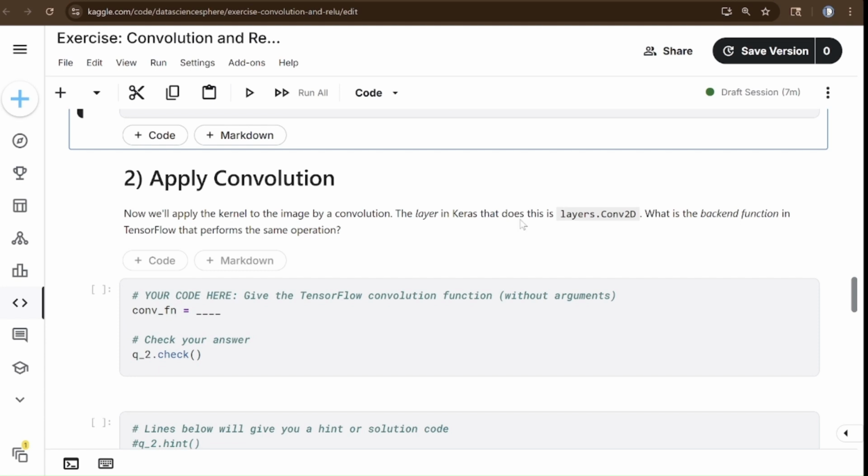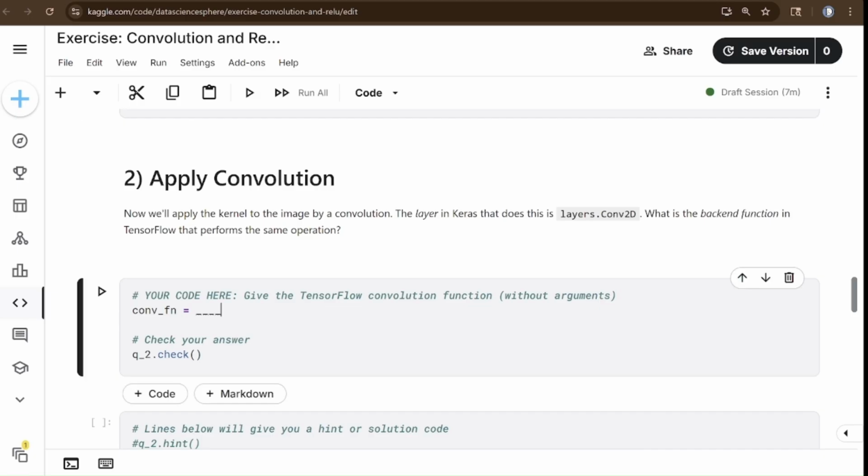The layer in Keras that does this is layers.Conv2D. Do you know what the backend function in TensorFlow is that performs the same thing? We have already read about tf.nn. So the backend function is tf.nn.conv2d. But you don't need to write this because Keras is already doing it.